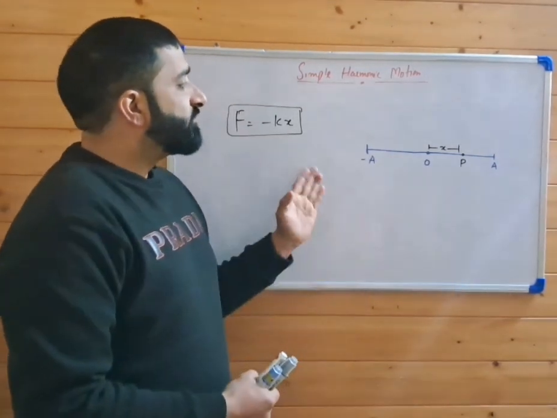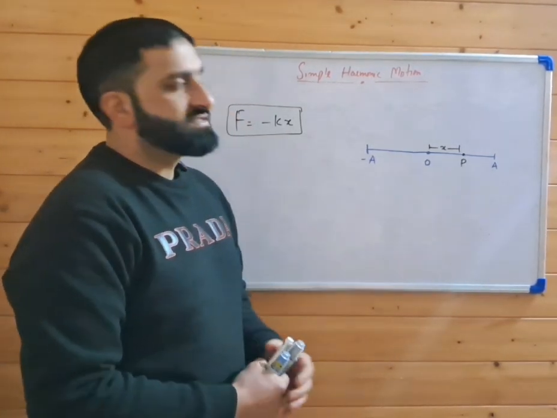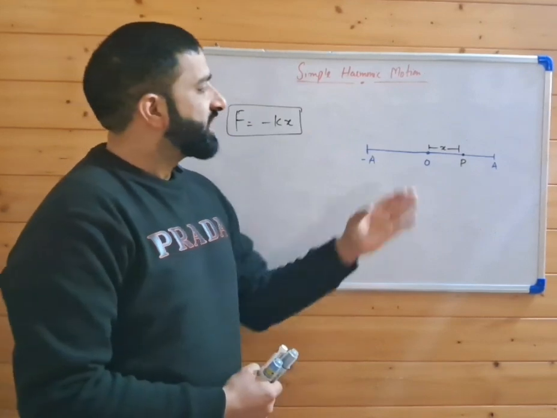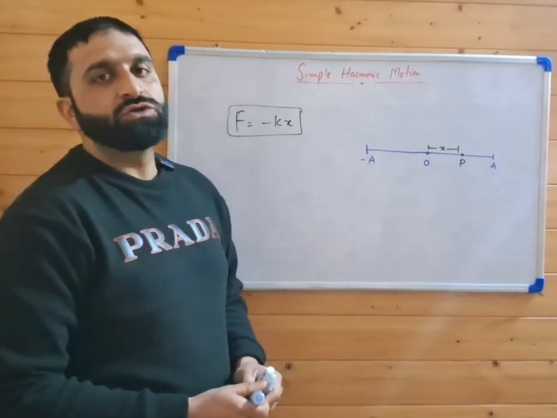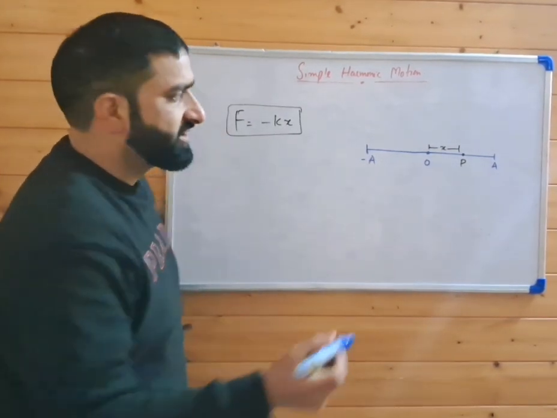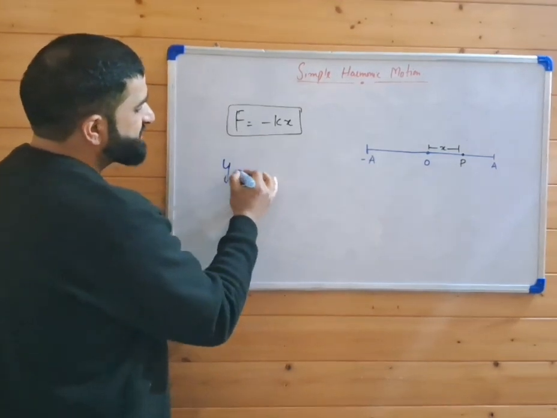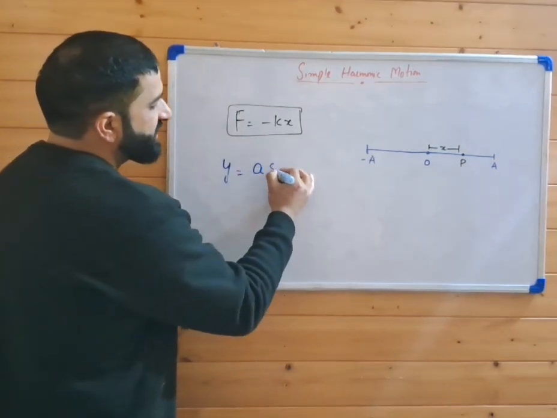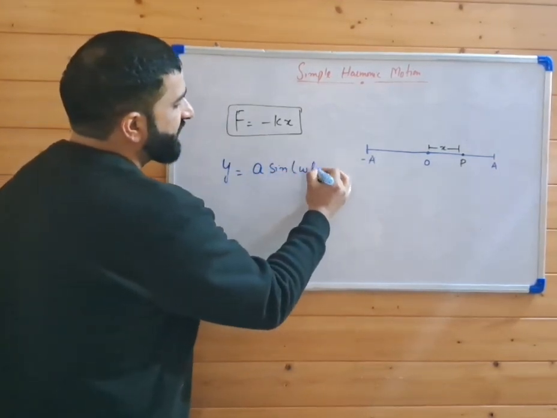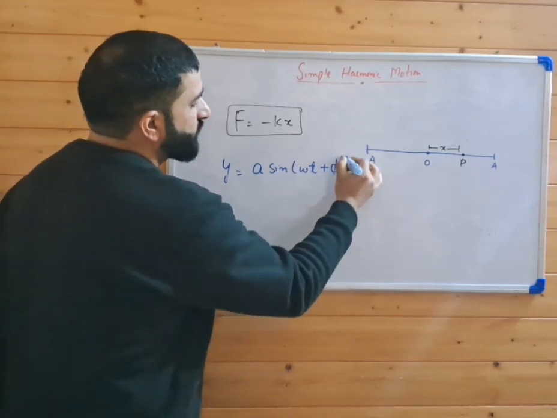Now, if the body is starting its motion from the mean position, to show that in an expression we write y is equal to a sine of omega t plus phi 0.